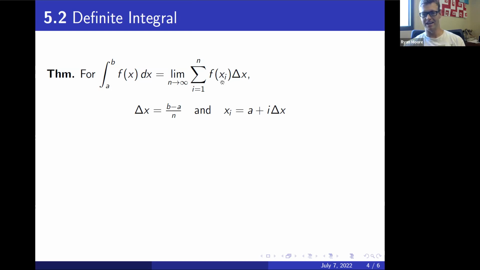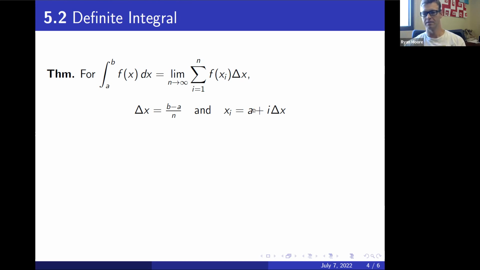And the xi, we're going to need to know that. xi is equal to our starting point a plus i times delta x. And what's that all about? When we set xi equal to a plus i delta x, we're thinking about it as using right endpoints.